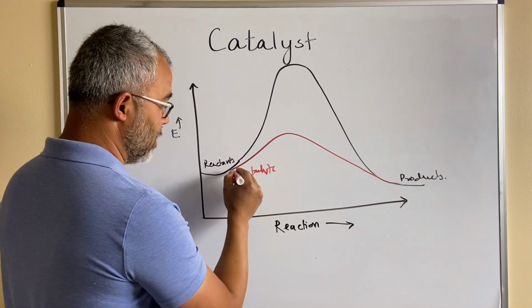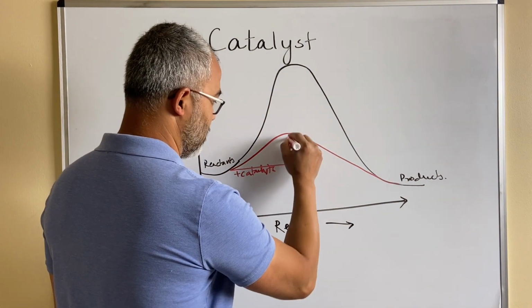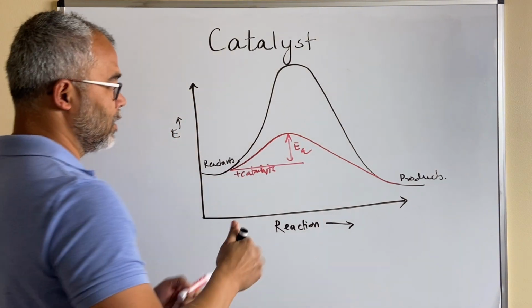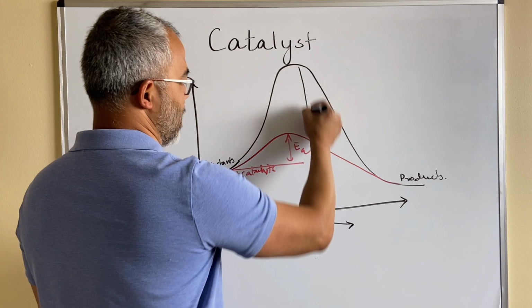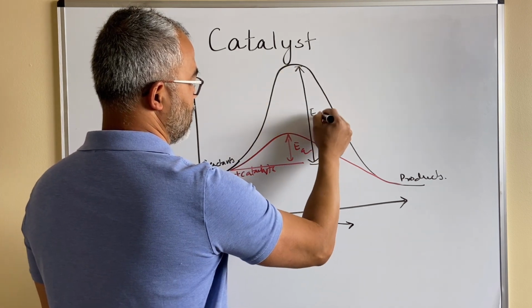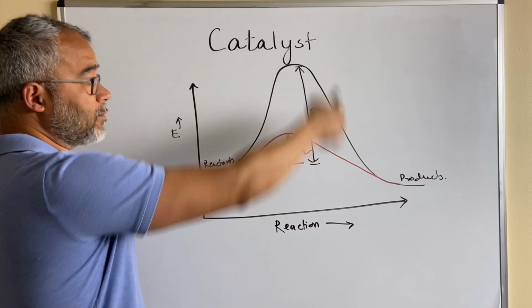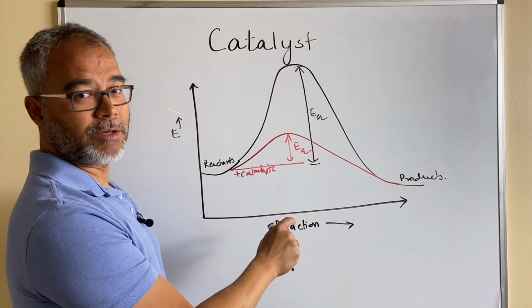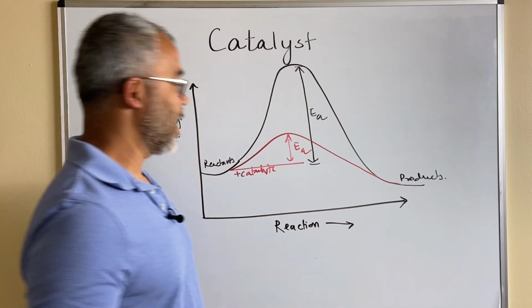Now you see, by comparison, your activation energy is much smaller as compared to this gigantic amount of activation energy needed for going up that hill. So that's what a catalyst does. It changes the reaction pathway, and that's how it speeds up the reaction.